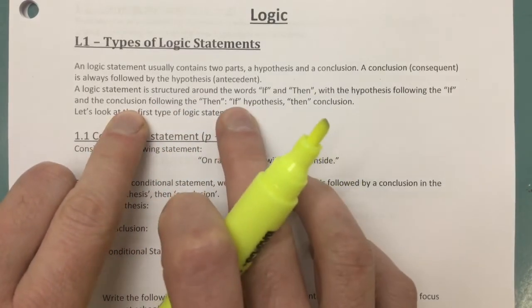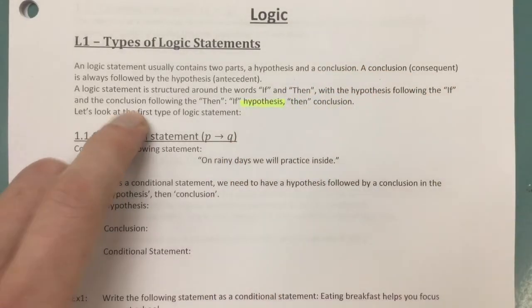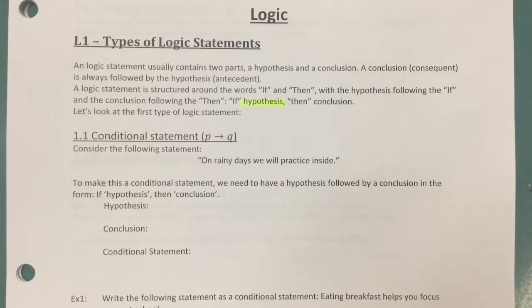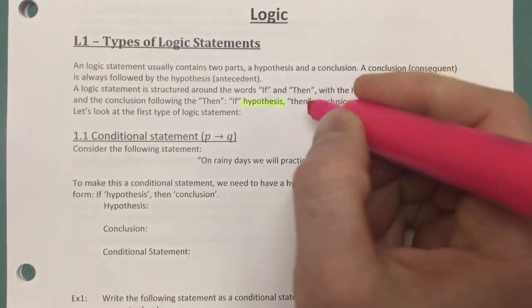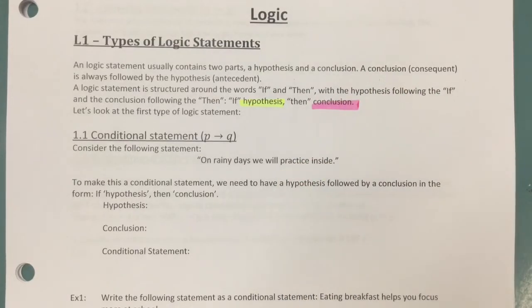So you start with the word if, and then you have the hypothesis, and then you connect that hypothesis with the word then, followed by the conclusion. So that's how you always set up a logic statement.